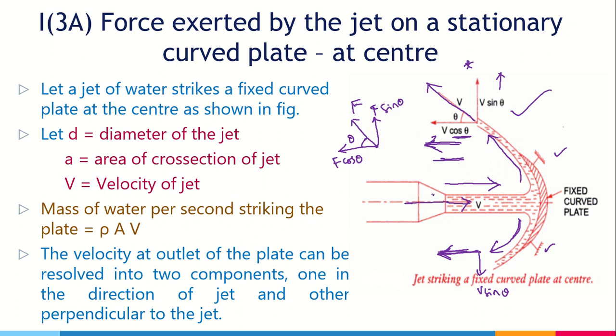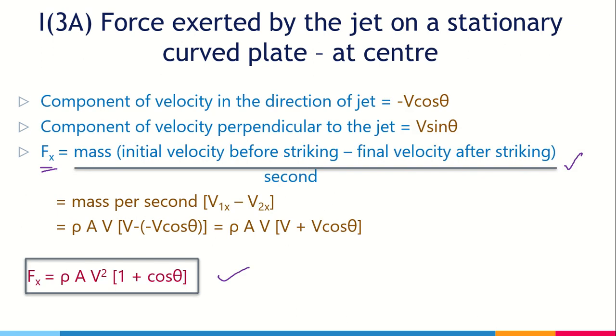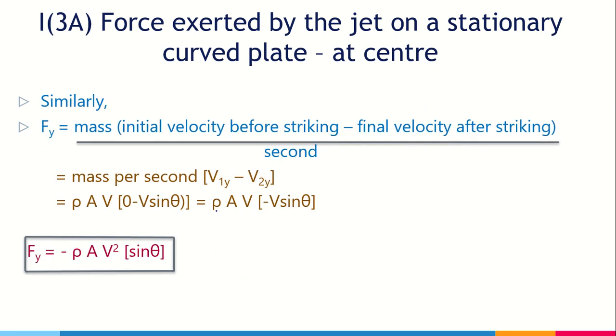The water is striking in a horizontal fashion. Do you have any perpendicular component here before striking? No. So it is 0 minus v2y, the final velocity after striking in y direction. What is it? V sin theta. It is upward, take it positive. So 0 minus v sin theta. So finally the answer is minus rho AV squared sin theta.